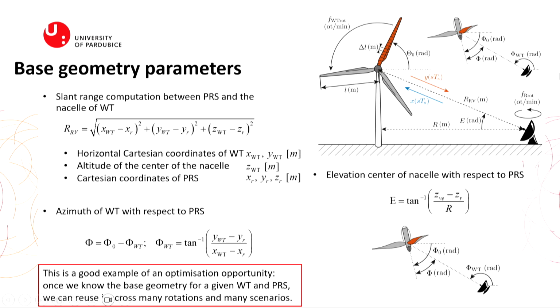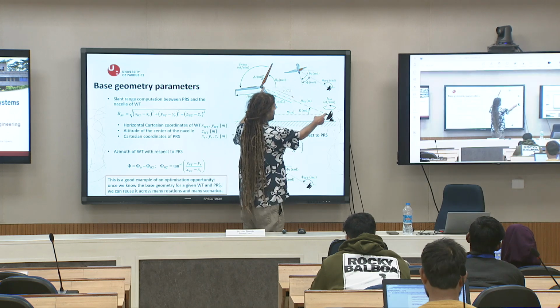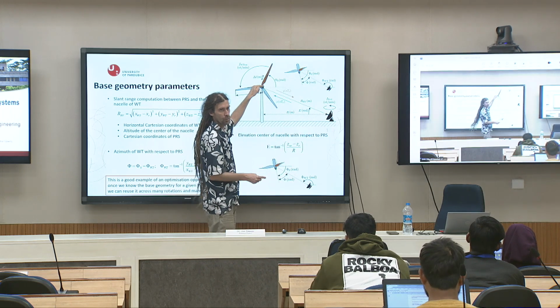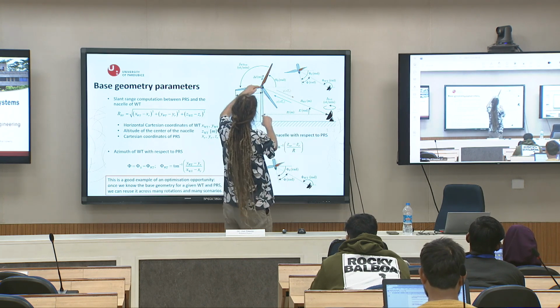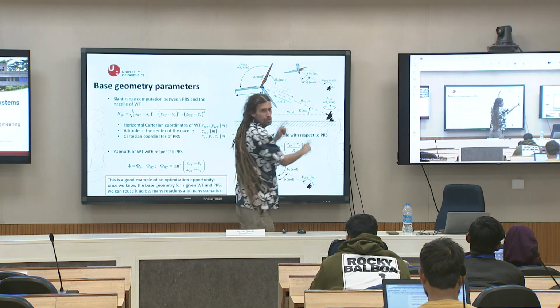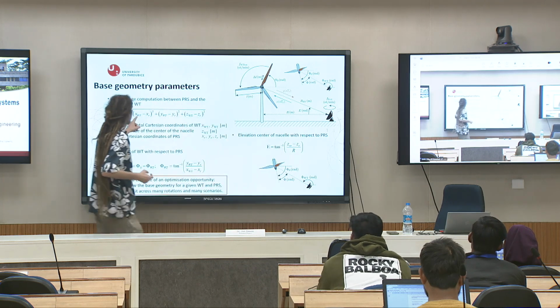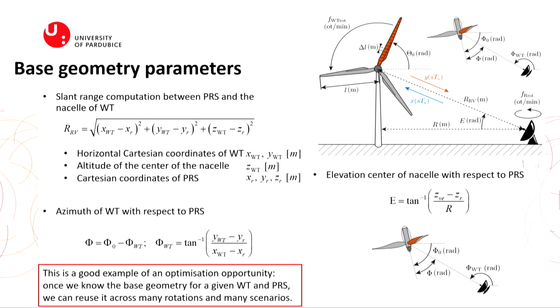So now we go to the slides where the base geometry parameters are. First we will compute this distance, from the nacelle to the rotor. So I know this, I will compute this. It is the x, y, z position of the wind turbine minus the x, y, z position of the radar, squared.